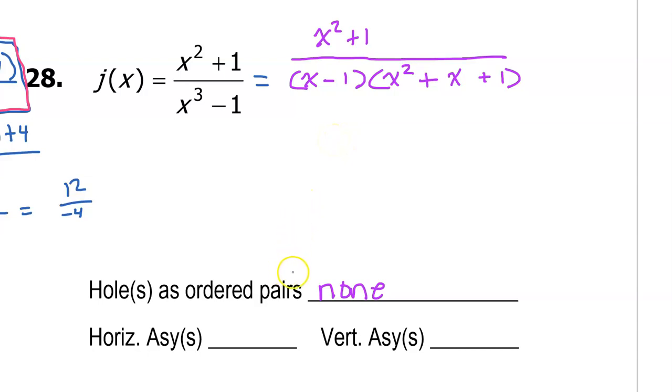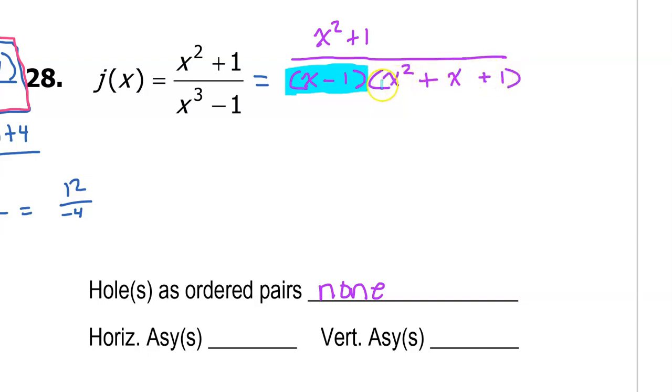Let's talk about the vertical asymptote. So the vertical asymptote comes from the denominator. I'm really only going to consider this part right here because this trinomial, not only will it not factor, but it doesn't have any real solutions.